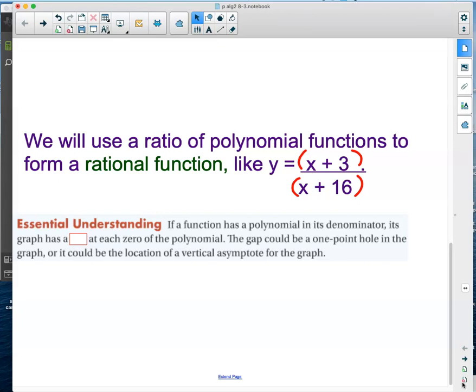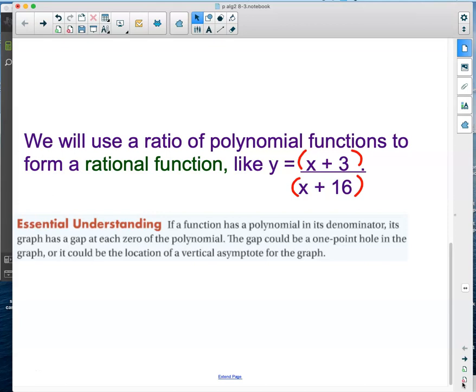So essential understanding, if a function has a polynomial in its denominator, its graph has a gap at each zero of the polynomial. The gap could be a 1-point hole in the graph. That's something you've never experienced before. That's going to be new today. We could have an actual hole in our graph. Or it could be a vertical asymptote.